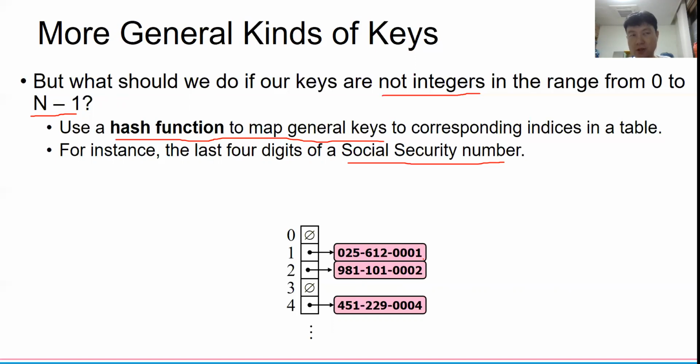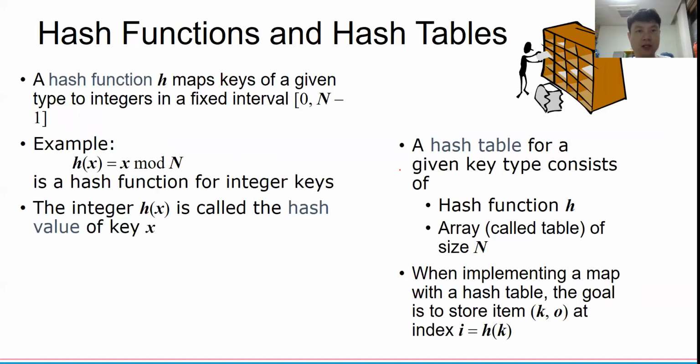That's one kind of issue. Maybe you think, okay, I just want to put them into a list. That's also possible. But we have the hash table and hash function for generating a better way for the storage of the data.